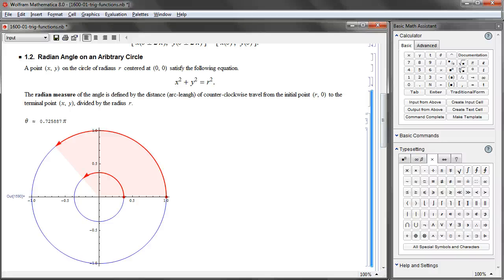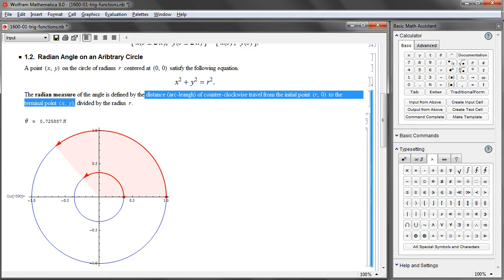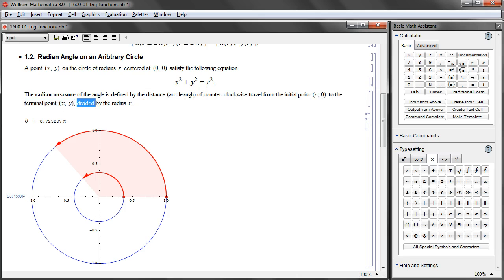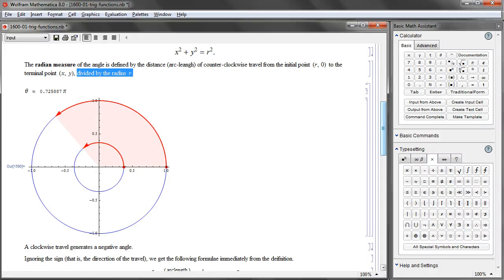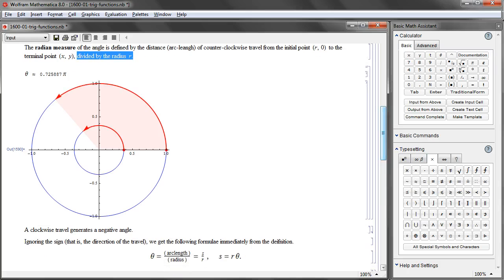The angle turns out to be the distance of counterclockwise travel from the initial point (r, 0) to the terminal point (x, y), but divided by the radius r. So if we have 2 different radii, then we have 2 different arc lengths. But if we take the ratio, it should be the same, and that's the angle.